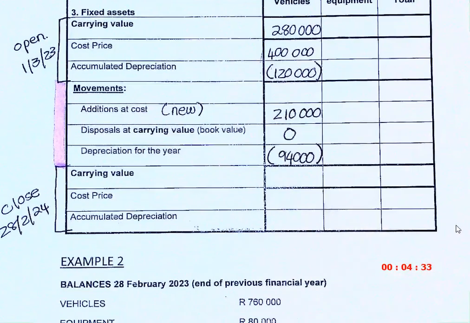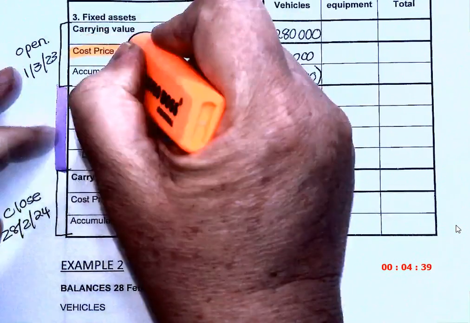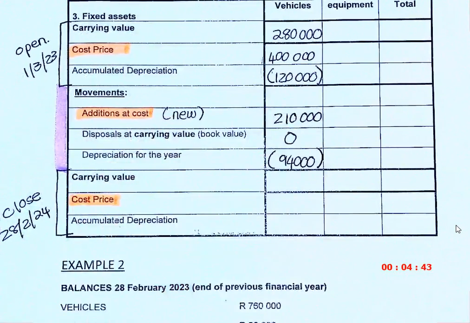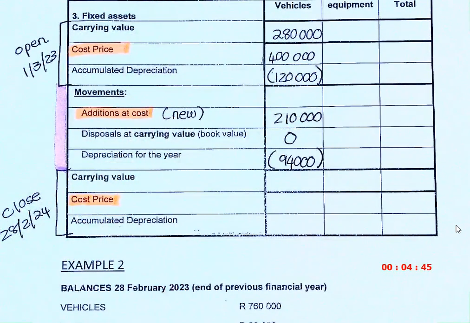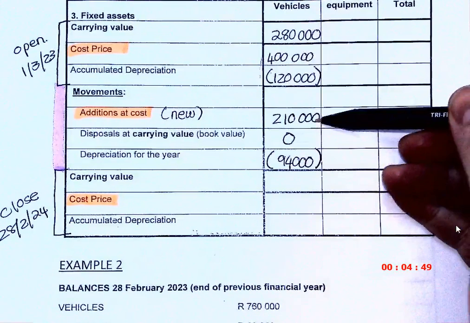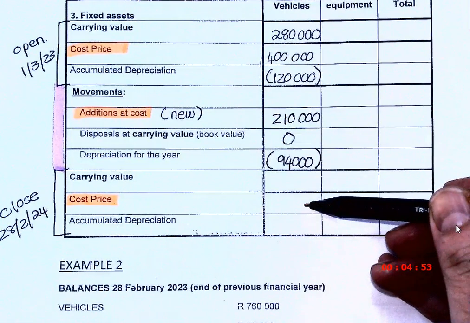So now what is my cost price? Now can you see they actually tell you, because I've got the cost price at the beginning, the addition at cost, and the cost price at the end. So the cost price at the beginning, add the addition at cost, gives me the cost at the end. How much is that?